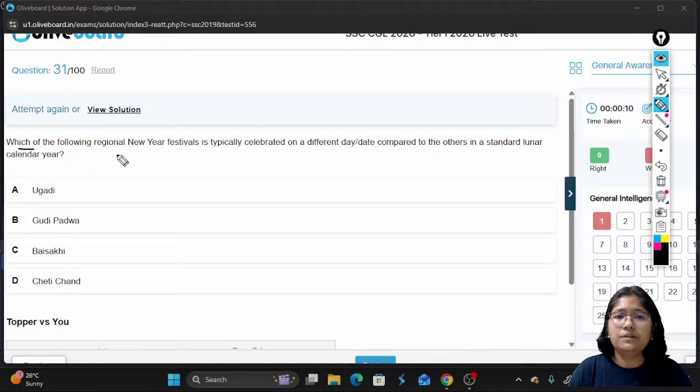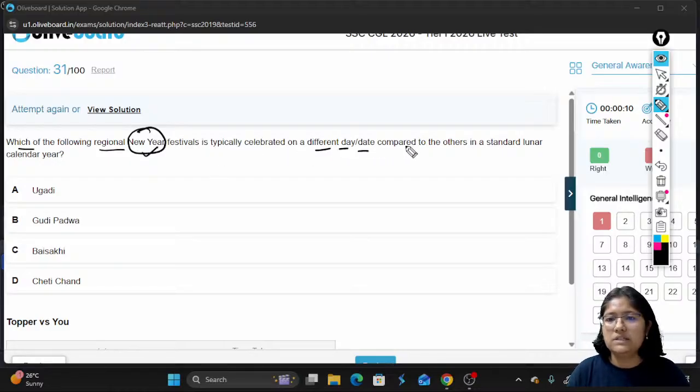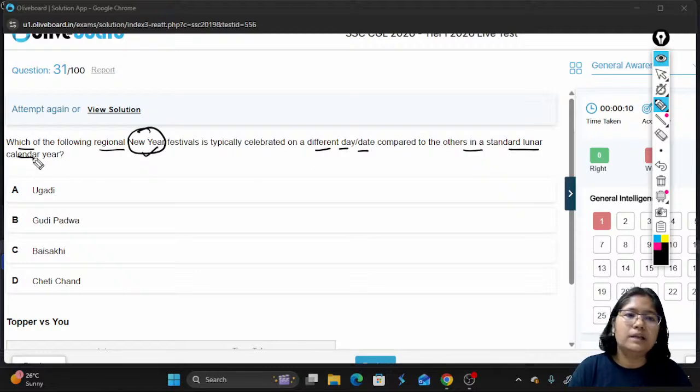Which of the following regional New Year festivals is typically celebrated on a different date compared to the others in a standard lunar calendar year? So which regional festival, which is a regional New Year festival, is celebrated on different dates?